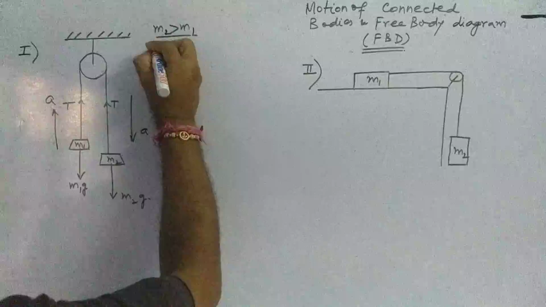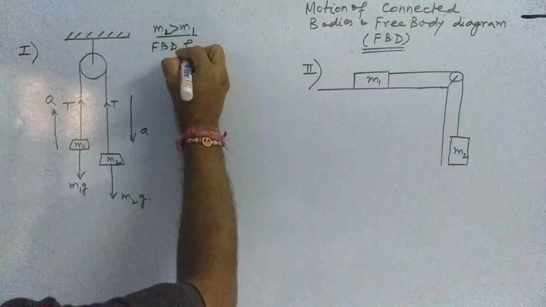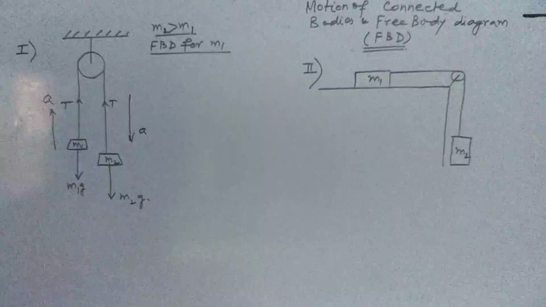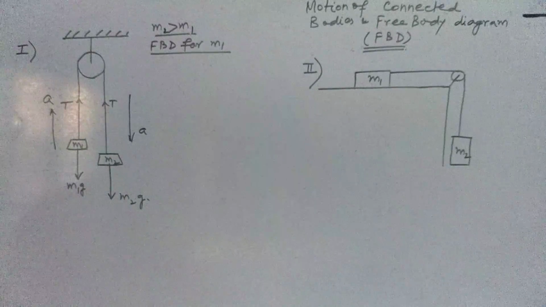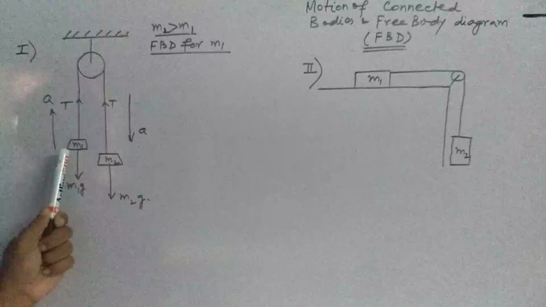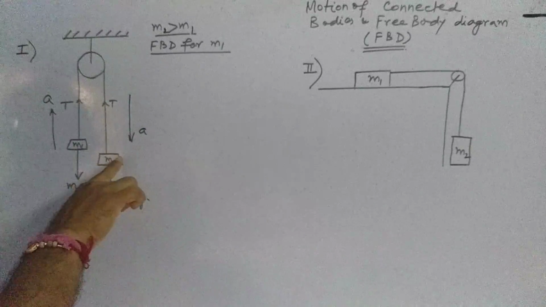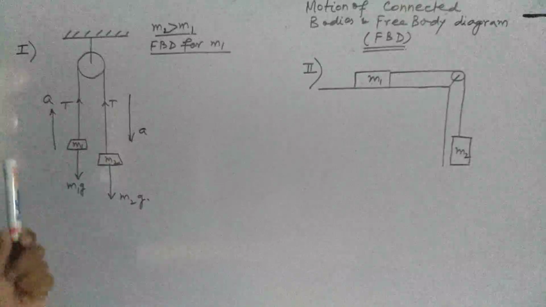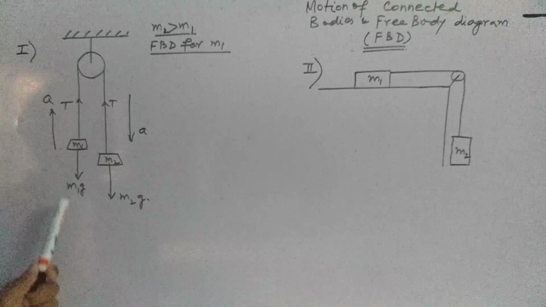So I will apply FBD for M1. FBD for M1. Look how to apply. As I told you, when I am applying FBD for M1, I am not considering anything for M2. I am ignoring M2. Look what forces are acting on M1.